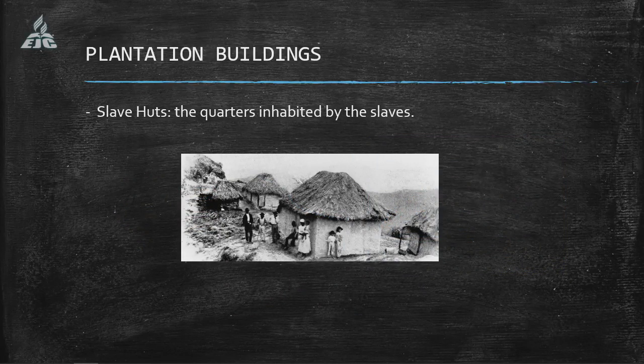Right? So on the plantation, we also have the slave huts. These are examples of the slave huts where the slaves lived. They were built with only one room, with one window and one door, and the roof would be made out of trash.